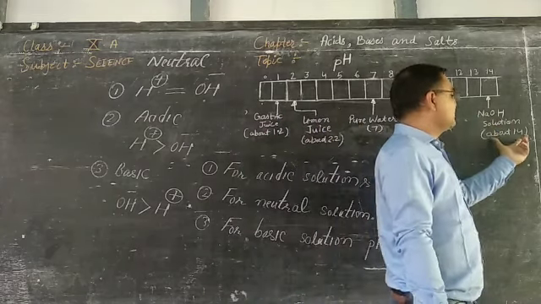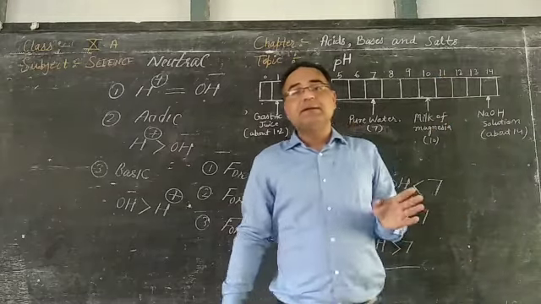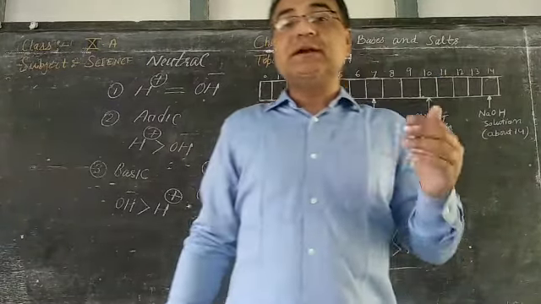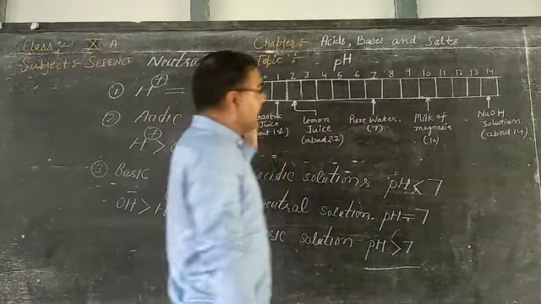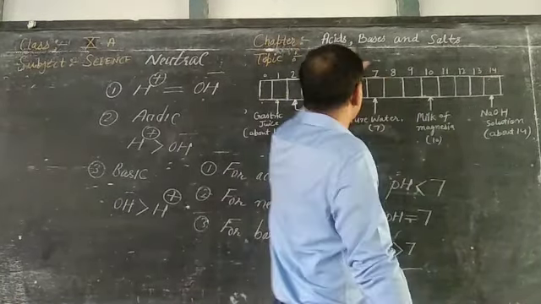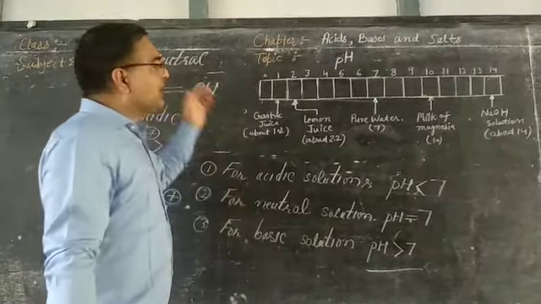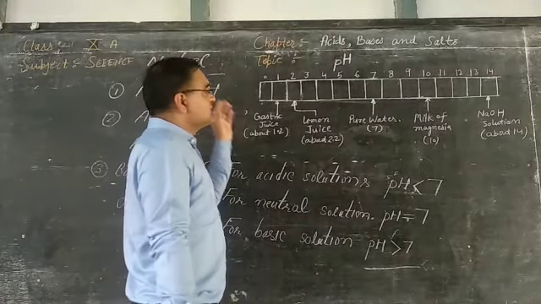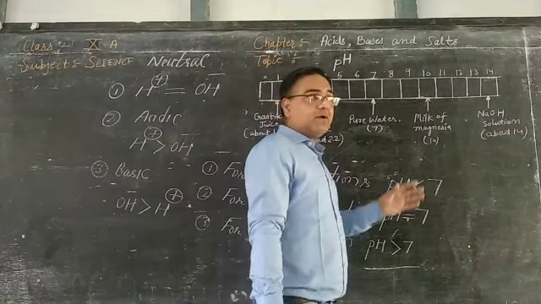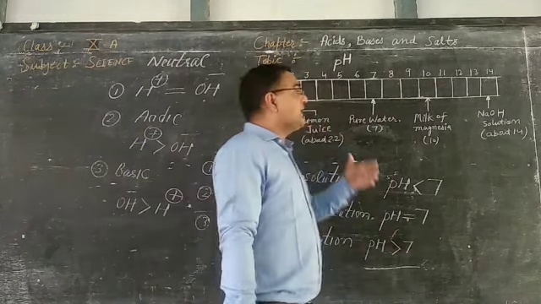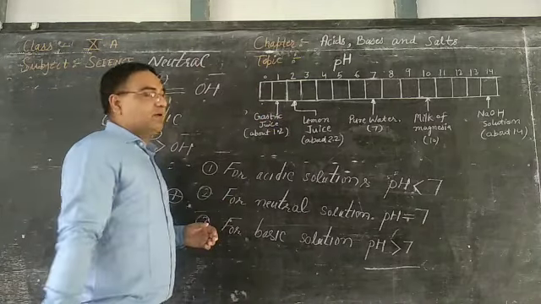And sodium hydroxide solution, whose pH value is 14, means that sodium hydroxide is strongly basic. So this is a pH scale. With the help of this pH scale, we can determine whether the solution is strongly acidic, weakly acidic, neutral, weakly basic, or strongly basic.